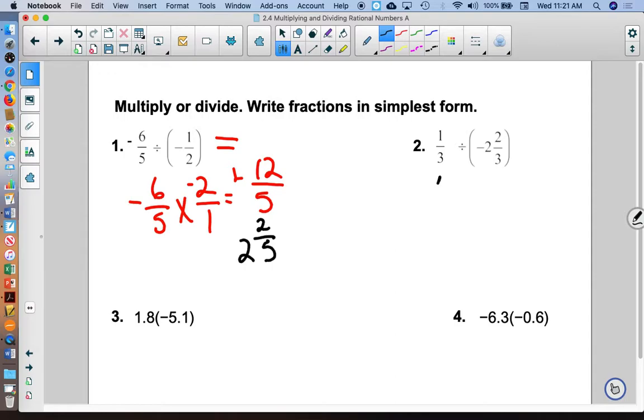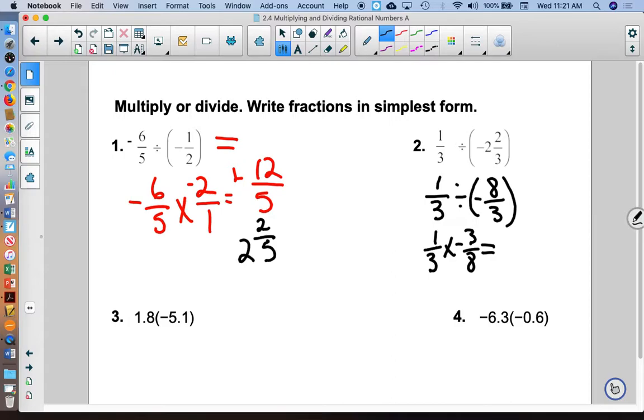So I have 1/3 divided by negative 8/3. Do you agree with that, Cole? Now what do I do? Keep, change, division to multiplication, and flip to the reciprocal.